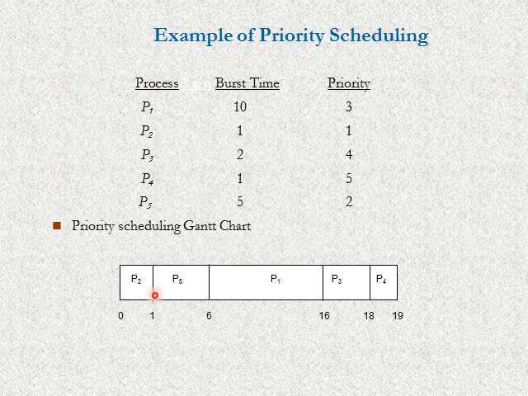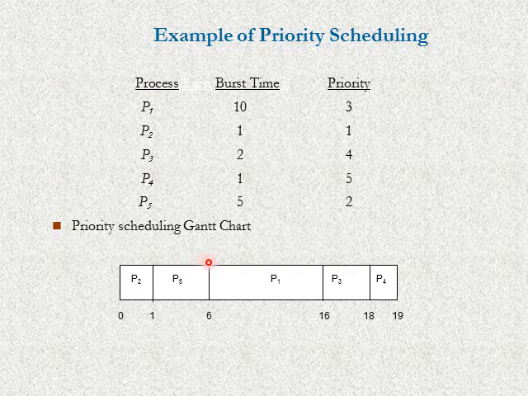Once it completes, the scheduler will again look into the ready queue at the priorities of the processes present there. Among the processes present at that time, P5 has the highest priority, so it will be selected and given to the processor.